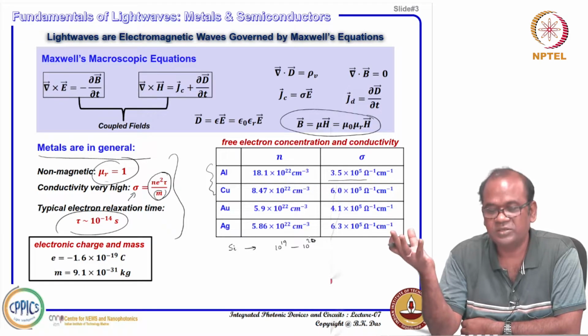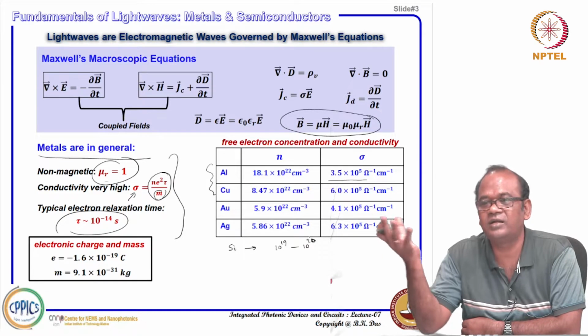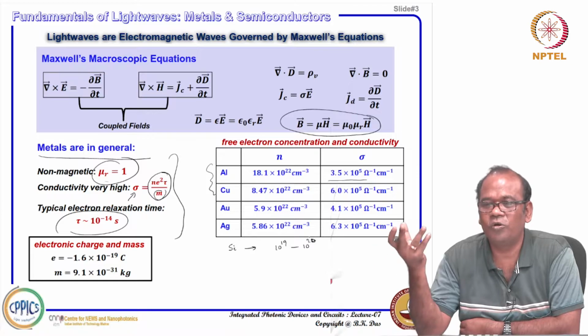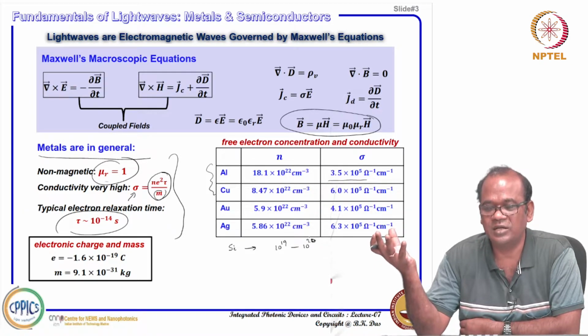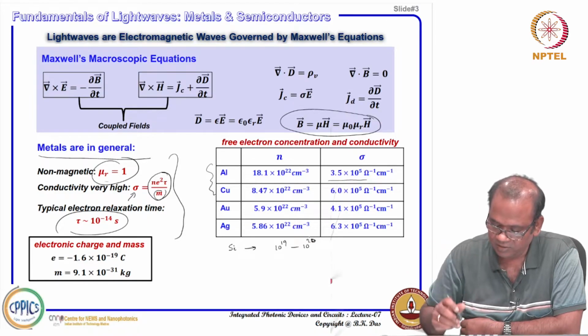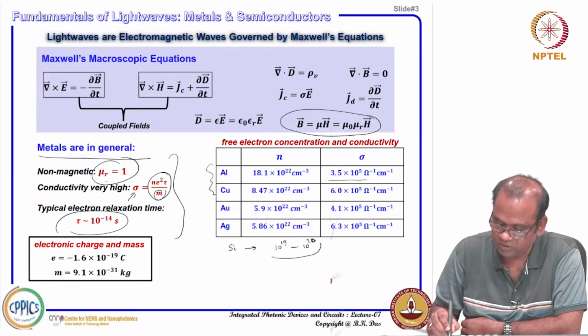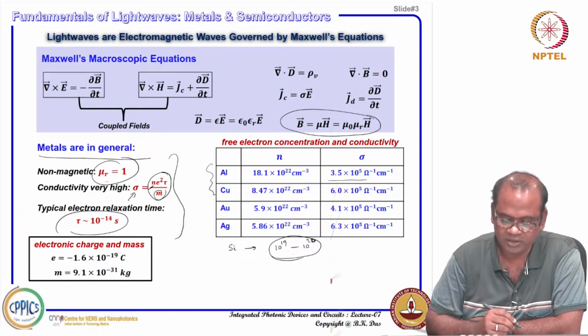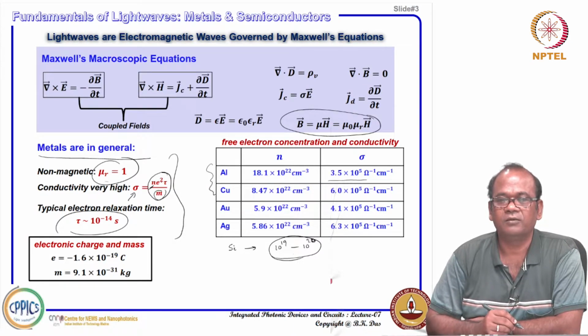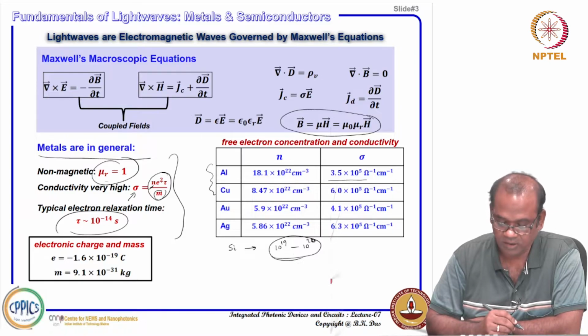So you can replace maybe every 100 silicon atoms with one boron or phosphorus atom, still maintain the silicon crystalline structure, and once you dope you get this type of concentration. With this concentration you can try to find the conductivity.